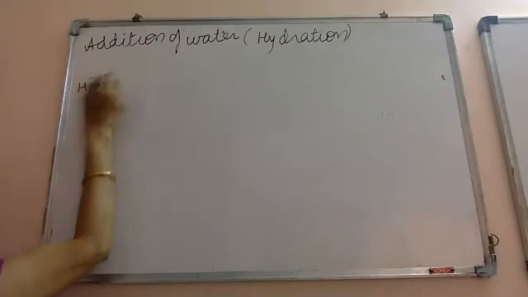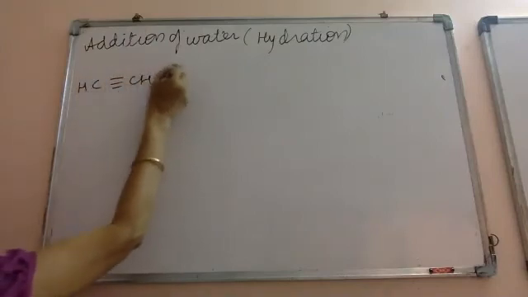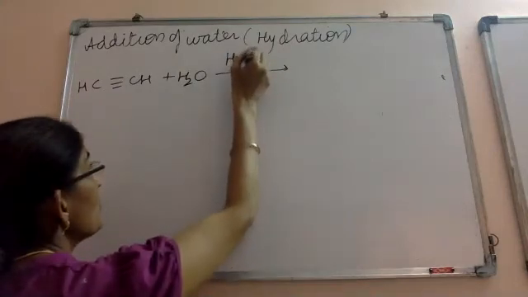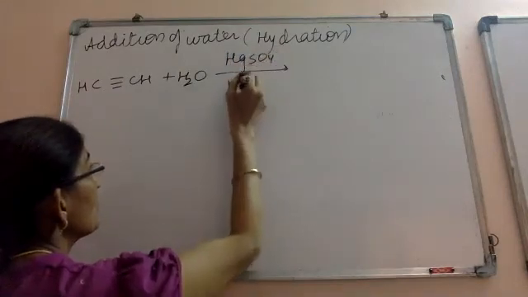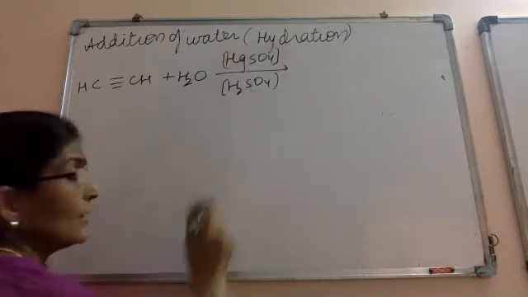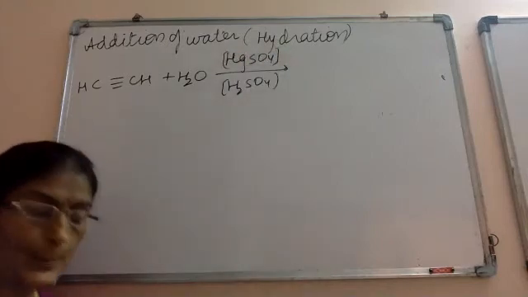Suppose we have ethyne. Water is added on it in presence of HgSO4, H2SO4. Mercuric sulfate.